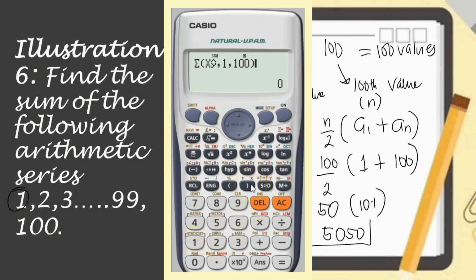Automatic na 100 yan since 1 lang naman yung common difference natin. Alam natin na yung 100 is pang 100 term, from first to 100th term. So, equal natin yan. Okay, so 5,050, which is the same as dun sa manual solution.